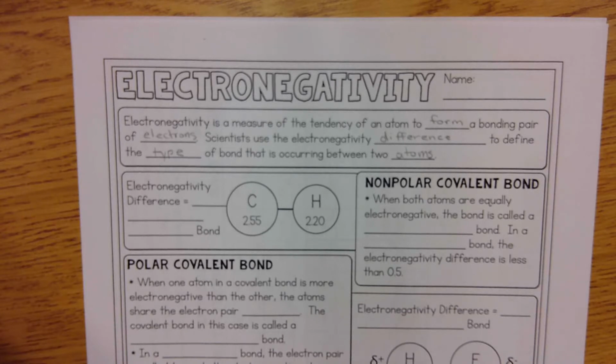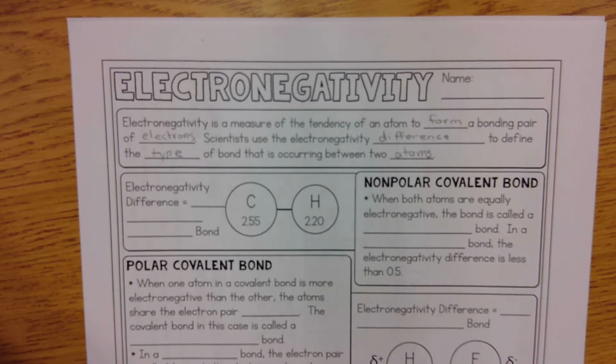And really, we don't just talk about the electronegativity of one because it's two or more bonding together. We really want to talk about the difference in electronegativities because a different type of bond will be formed depending on the difference in the two electronegativities.